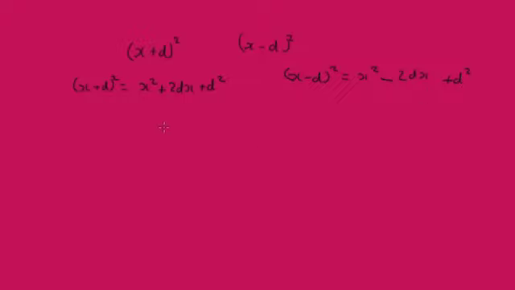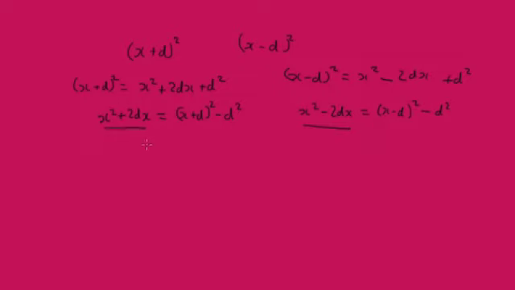Now we can rearrange this to give us x squared plus 2dx equals x plus d squared minus d squared, and x squared minus 2dx equals x minus d squared minus d squared. Now this and this are both quadratic expressions, and this is a solution for them.